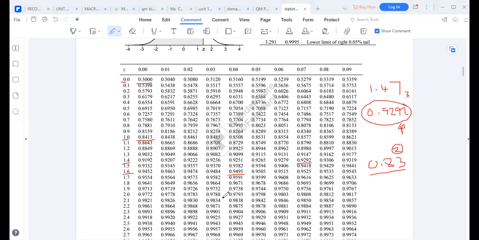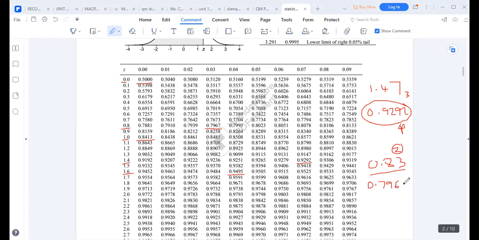Now, the reading for 0.83 is 0.7967. Yes, 0.7967. Okay, do you agree with him? Yes.